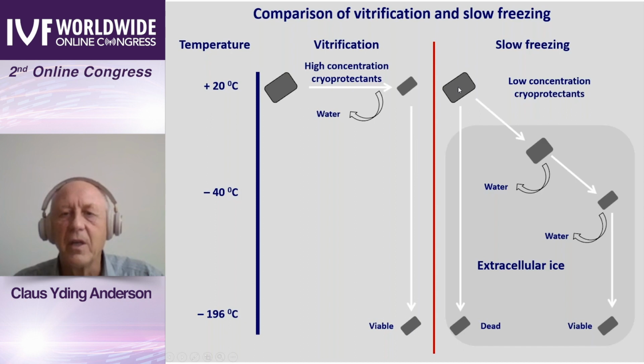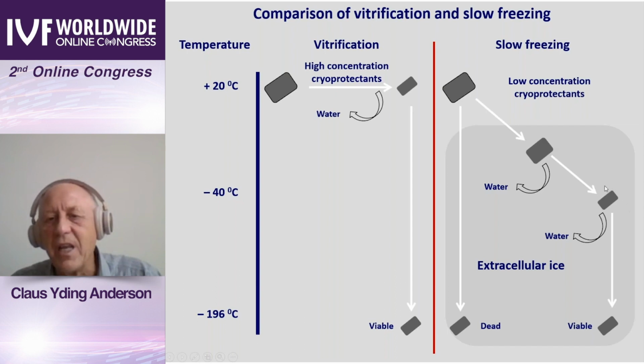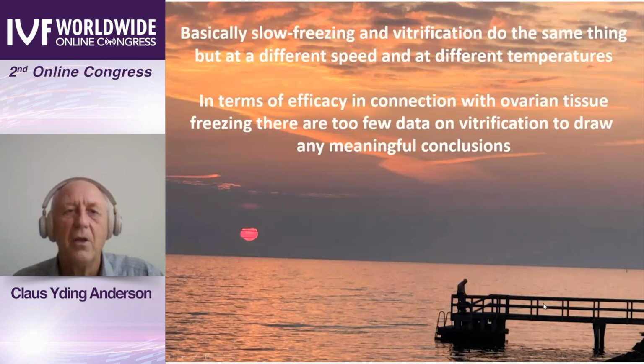Whereas in slow freezing, we slowly increase the intracellular concentration of cryoprotectants and reach around the same concentration of 6 molar at -40, at which point we can put it directly into liquid nitrogen. So basically, slow freezing and vitrification do the same thing, but at different speed and at different temperatures.